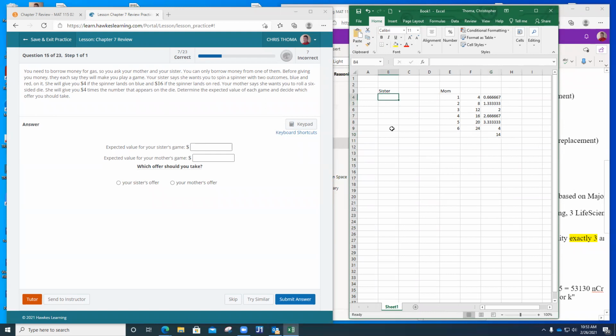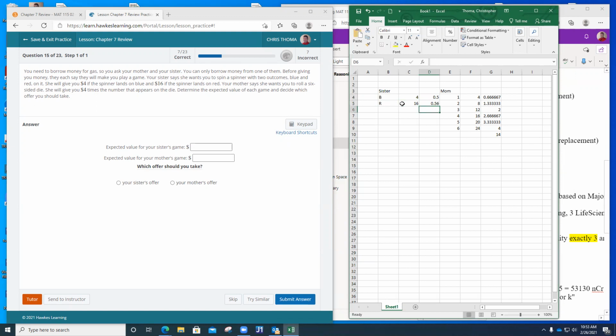So your sister, let's see what her game is. Before giving you money, we play a game. Your sister says she wants you to spin a spinner with 2 outcomes, blue and red, right? And she'll give you $4 if you spin blue, and 16 if you land on red, because there are just 2 options.